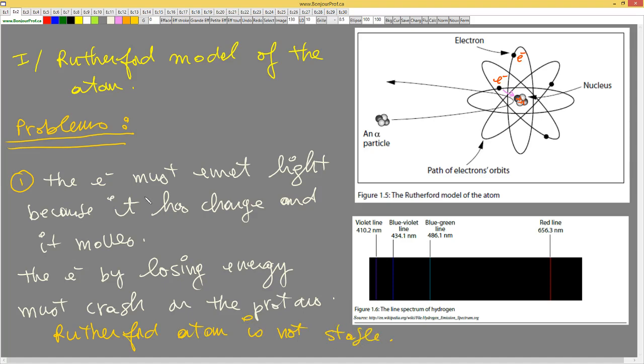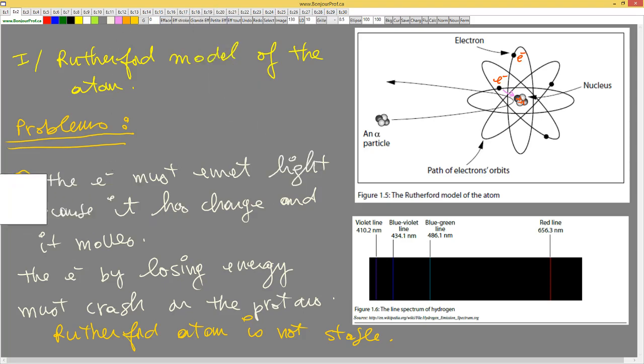So this is the first problem. With this model of Rutherford, if Rutherford is right, the atom is not stable. That means life is not here, Earth is not here, nothing is here. But we see that atoms are stable because we exist here. So this is the first problem of the Rutherford model.